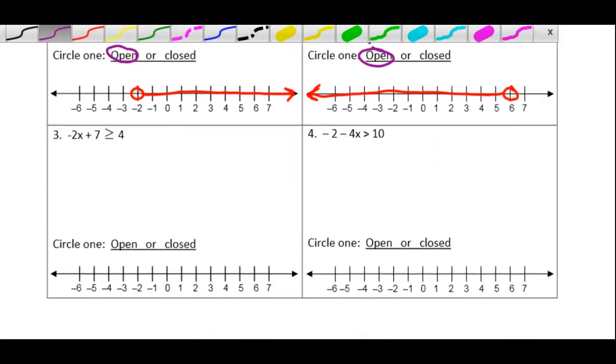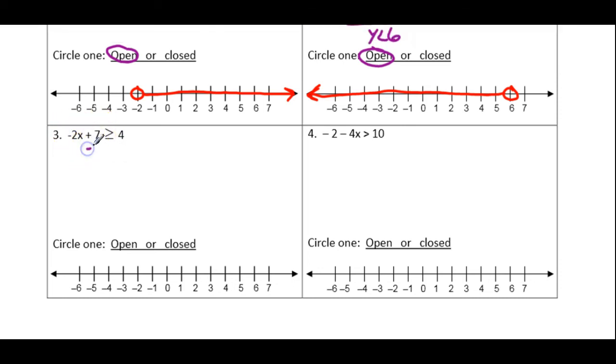Alright, number 3. Now we have negative 2x plus 7 is greater than or equal to 4. I've got to get rid of the negative 2 and the 7, but I've got to get rid of the 7 first. Opposite of plus 7 is minus 7. Those are gone. Now you're left with negative 2x is greater than or equal to 4 minus 7, which is negative 3. Now, to get rid of this negative 2, this means negative 2 times x, so divide by still a negative 2.